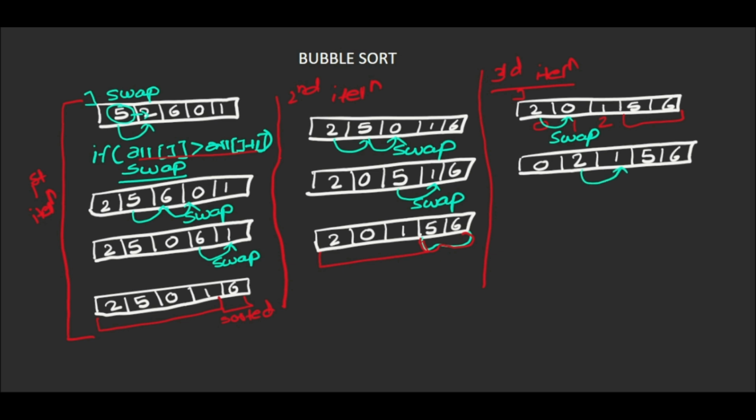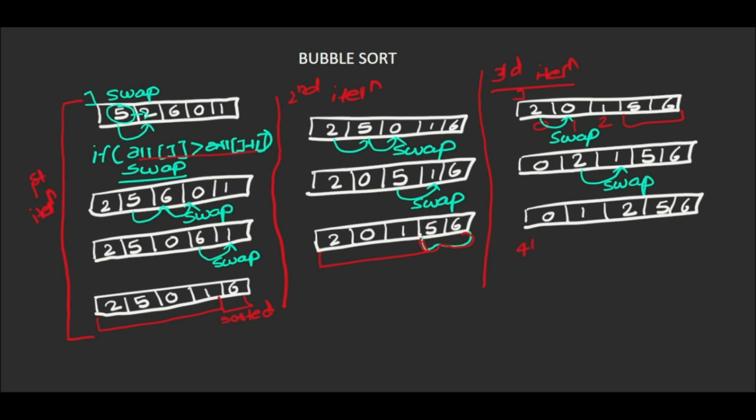Since 2 is greater than 1, again we need to swap. After the swap, the array will look like 0, 1, 2, 5, 6. So this iteration is also done. You need to see whether the array is sorted or not, so you need to make one more iteration.